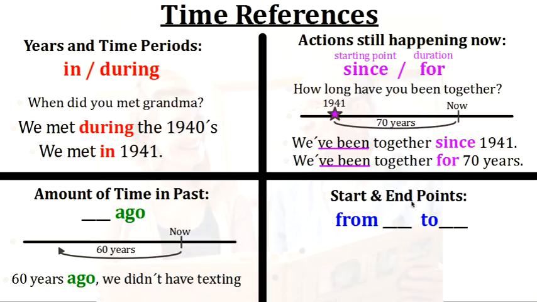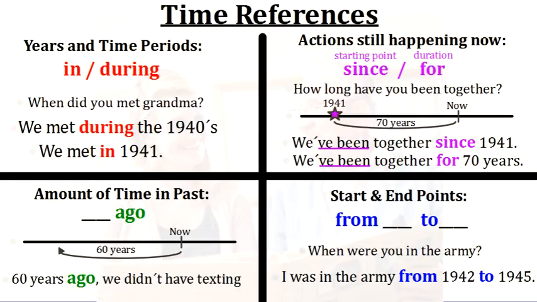Okay, let's look over here. When we want to talk about when something started and ended, we have a start and end point. We use from and the time, and then to, and again the time. So, for example, Abby asked her grandpa, when were you in the army? And he was remembering, and he said, I was in the army from 1942 to 1945, right?